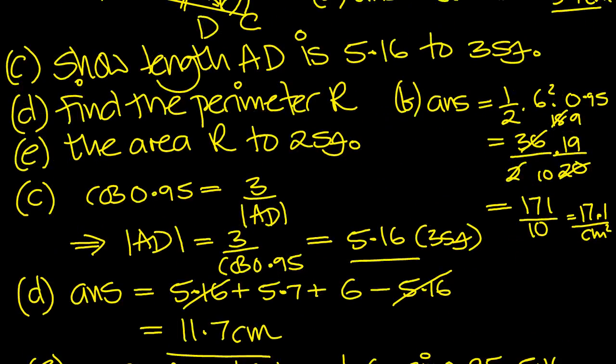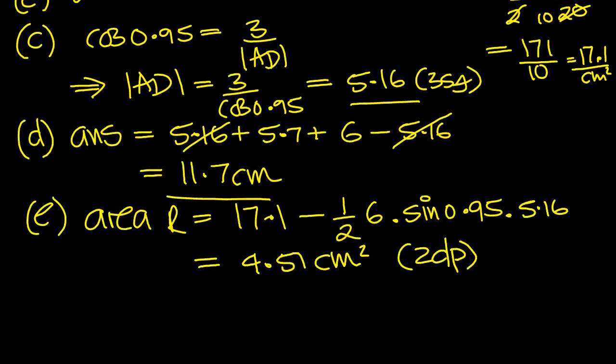We needed to work out E to 2 significant figures, so it'll be 4.5. So let's adjust that now. 4.5 centimeters squared, and that's the 2 significant figures.